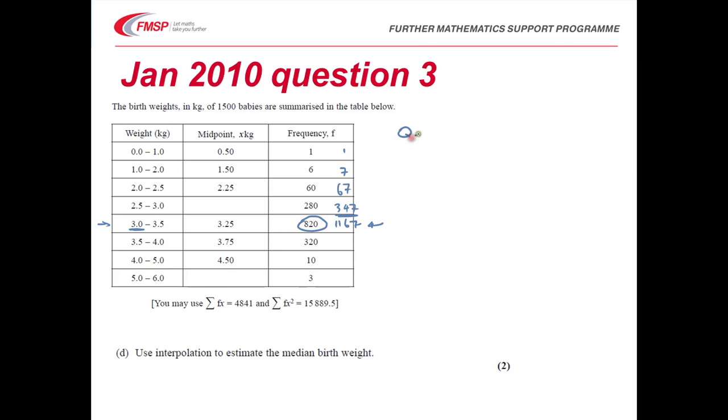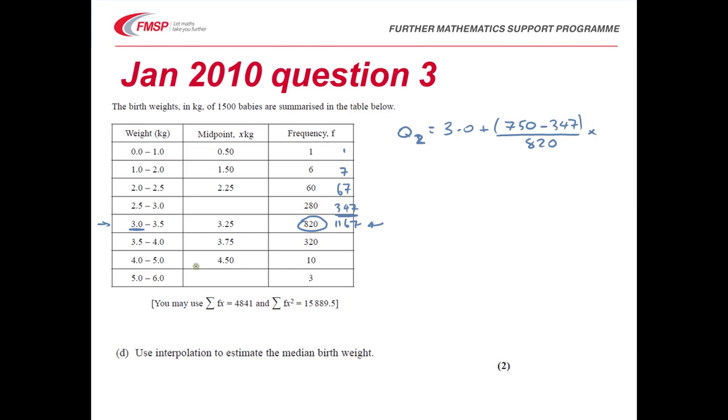So Q2, we're looking for the median, is equal to the lower class limit, which is 3 in this particular case, plus how far into the group we are. The median is the 750th value. The start of the group is 347, and the group itself is 820 wide.